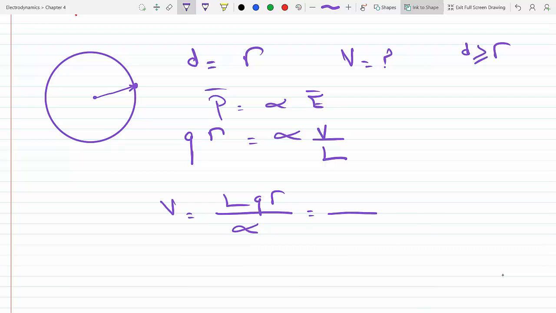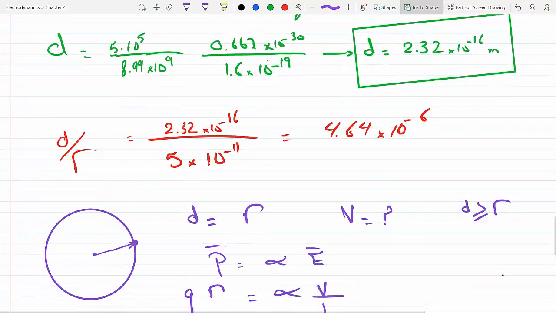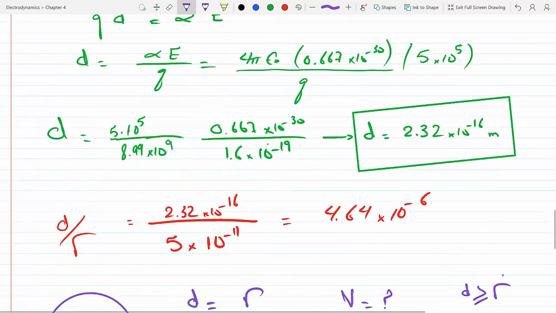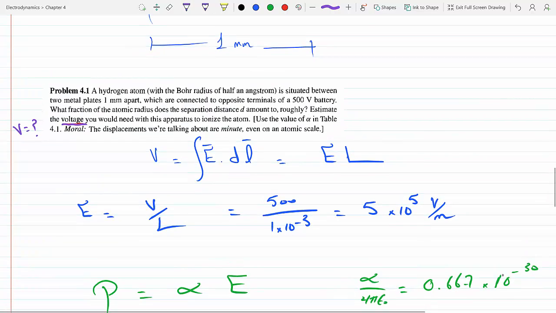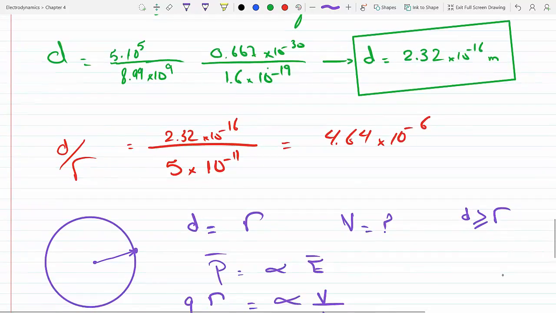Okay, let's plug in the numbers. We have 1 millimeter apart, so that's 10 to the minus 3, and then Q is 1.6 times 10 to the minus 19, and r is half an angstrom, so 5 times 10 to the minus 11.